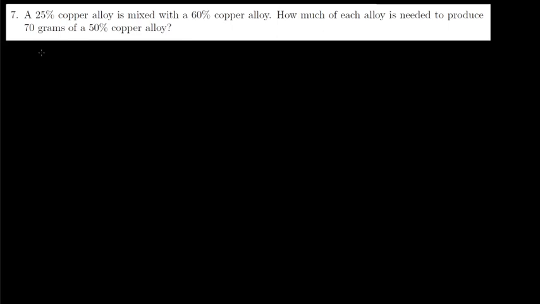All right, well, step 1, what are we looking for? How much, right? So the number of grams, or the mass of copper in grams for each alloy. So let's let X be the mass, which is the amount, the weight, essentially, of the 25% copper alloy.